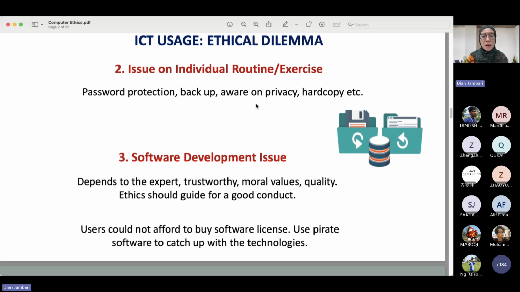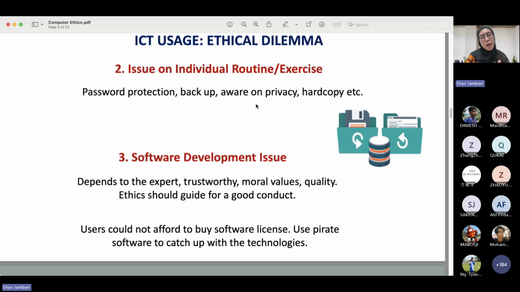Our stakeholders involved in the software development will need to put that trust and believe that we, as the experts, have the moral value and the quality to develop software that is good, that will benefit the clients or the stakeholders who are the users of the software.